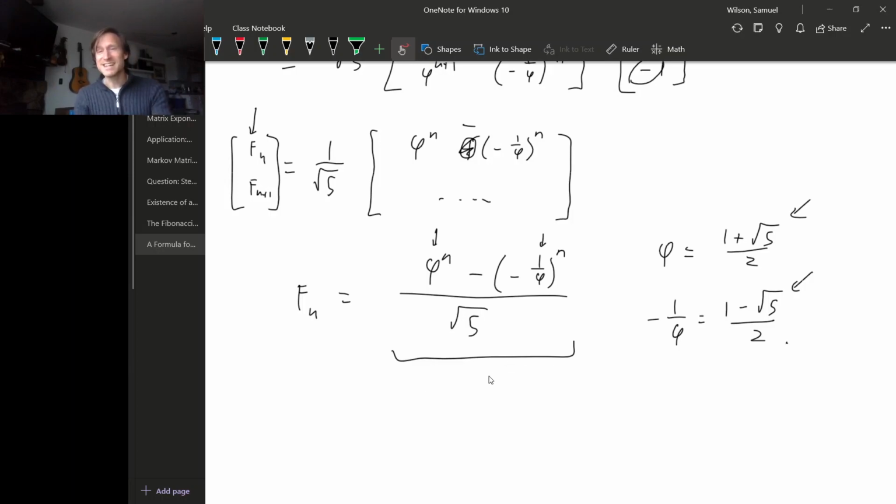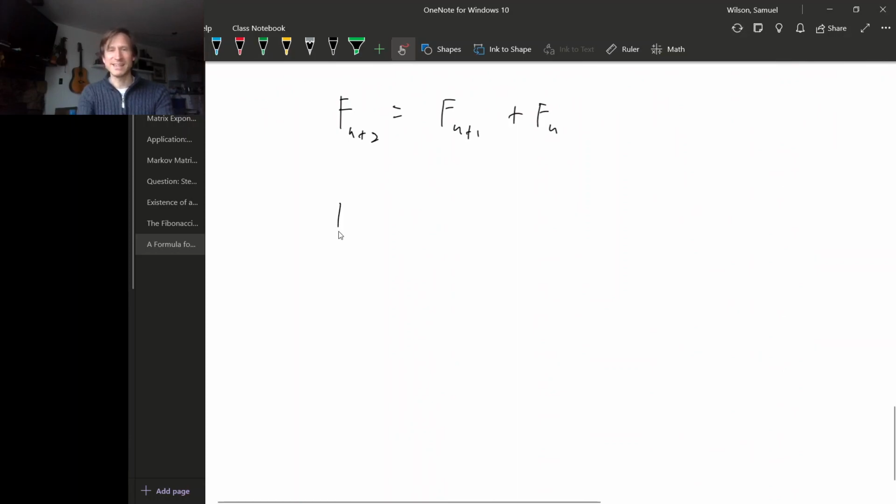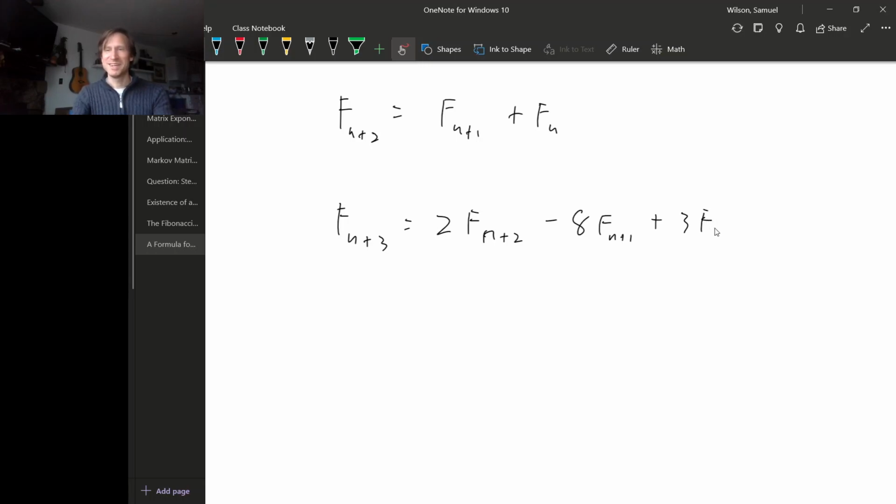You can see that this technique would work for any recurrence relationship. We had f sub n plus 2 equals f sub n plus 1 plus f sub n, but we could make up any formula like this, like f sub n plus 3 is 2 times f sub n plus 2 minus 8 times f sub n plus 1, I don't know, plus 3 times f sub n.